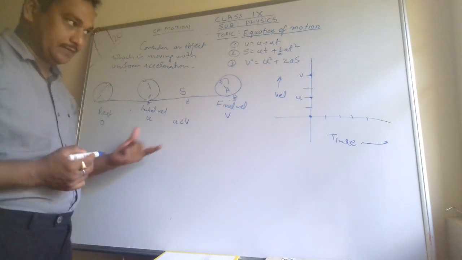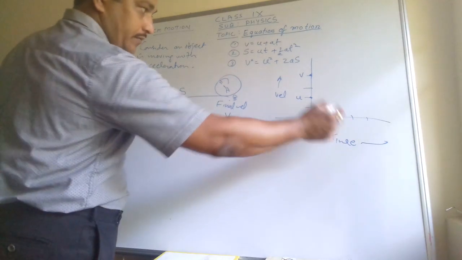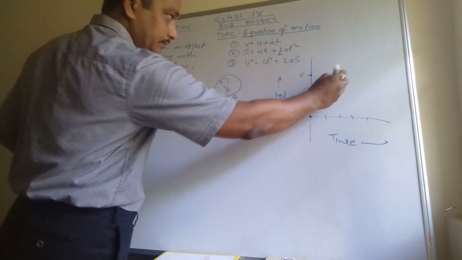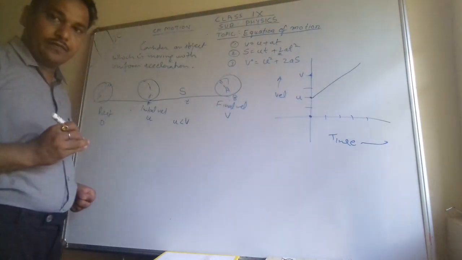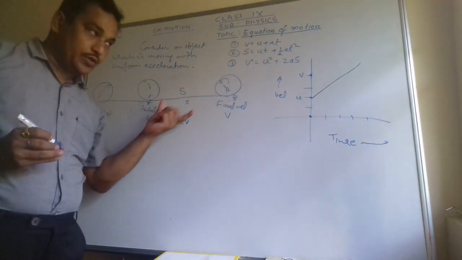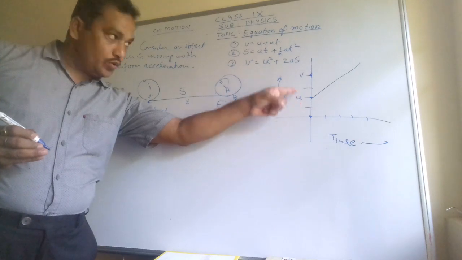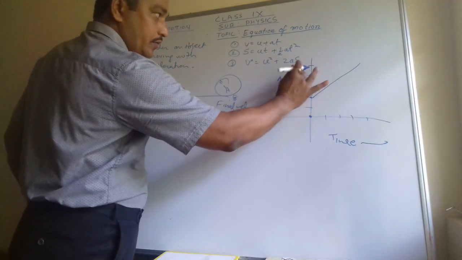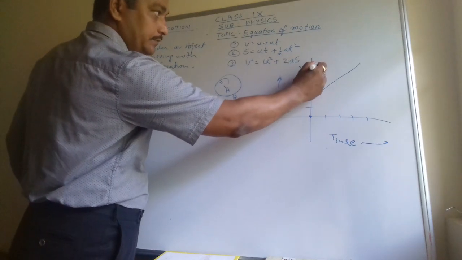T time it has taken. So t time it will be here. Now if the graph is like this, this is the velocity time graph for this object, starting from initial velocity u, reaching the final velocity v, and we can join like this.